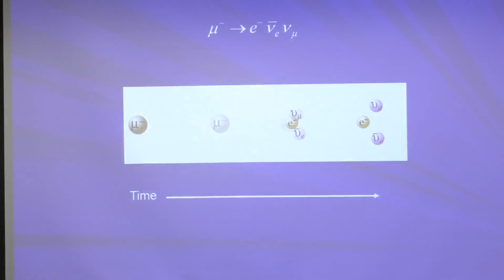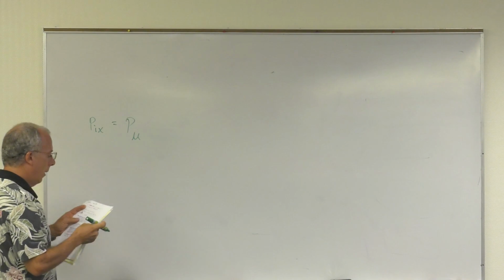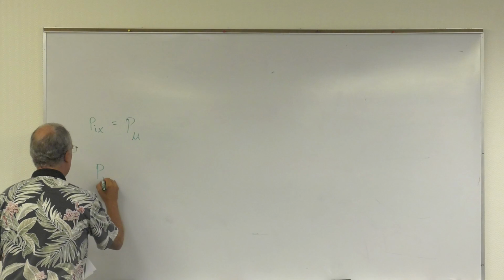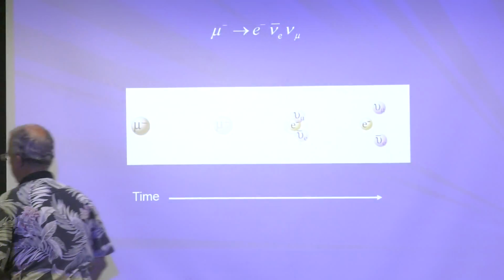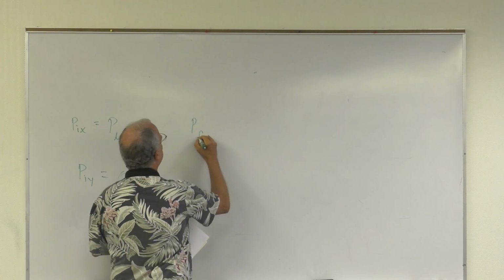It's just the momentum of the muon. What's P initial y? There is no P initial y, since this is going in the x direction. So it's 0.